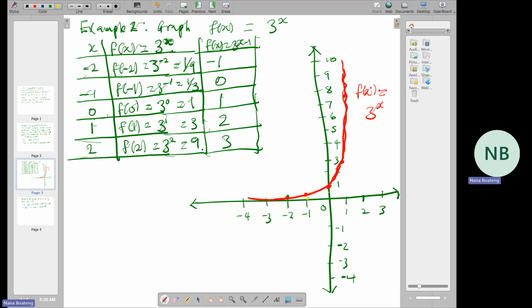So that will be about here. When x is 1, y is 1. So that will be about here. And when x is 2, y is 3. And when x is 3, y is 9. Will be about here.